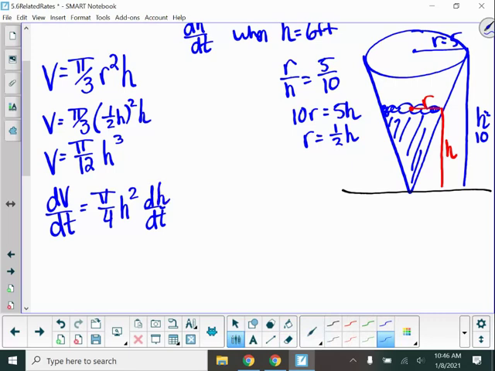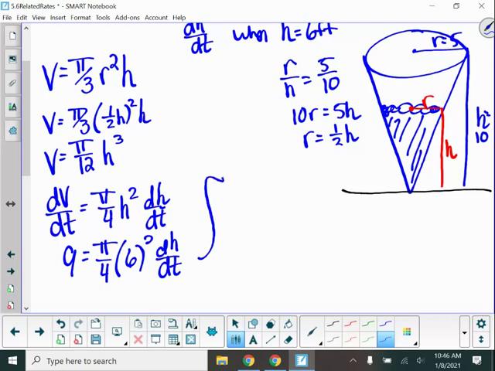Now I can go through and plug in. I am solving for dh/dt. I know my dV/dt is 9. That was given in the original problem. My h is 6. So 6 squared is 36.